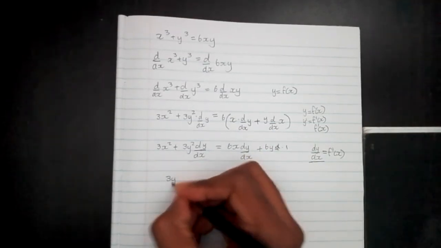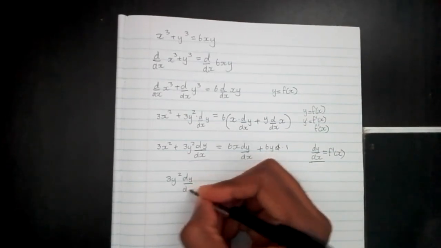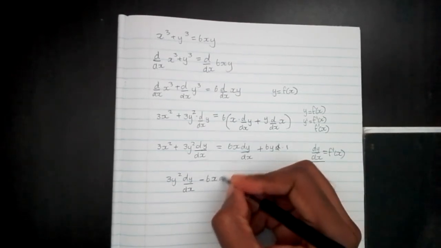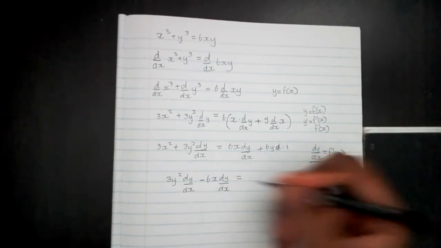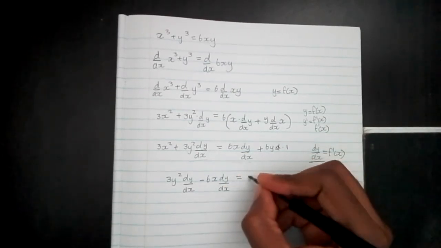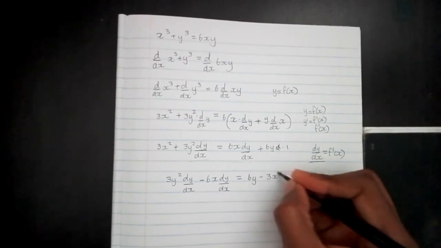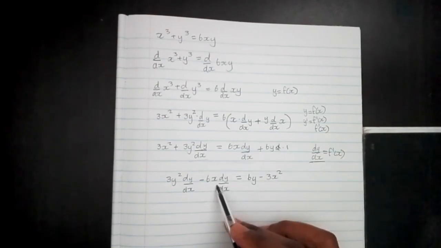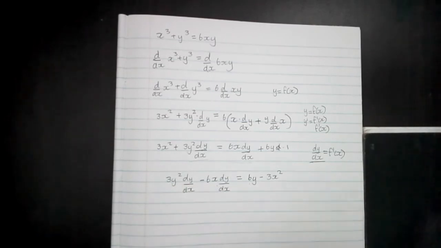So 3y squared dy dx minus 6y dy dx equals 6y minus 3x squared. So that minus that equals this minus that.